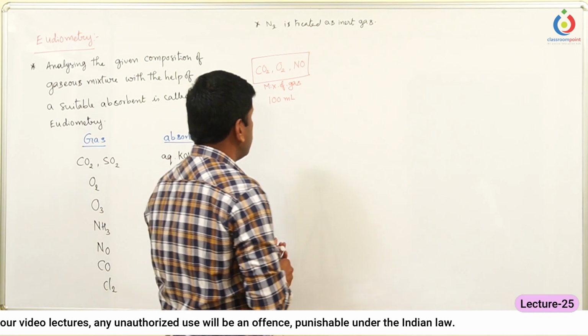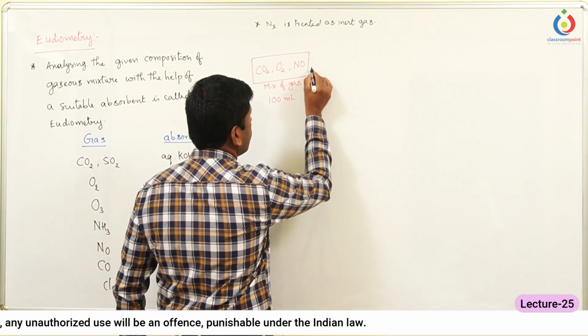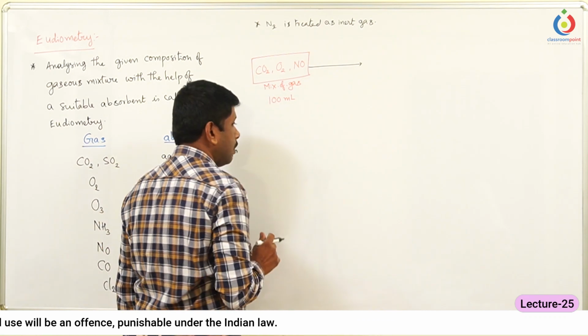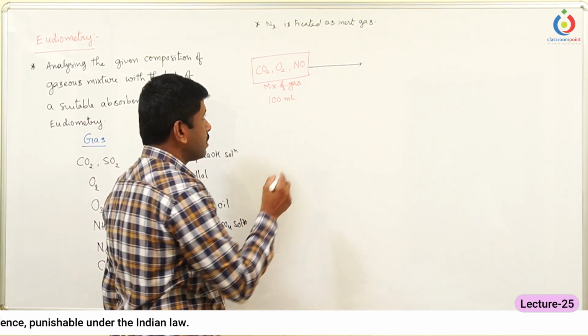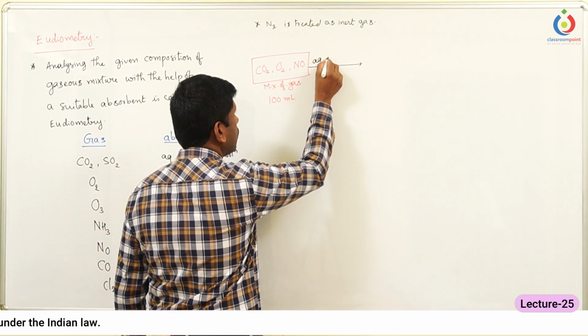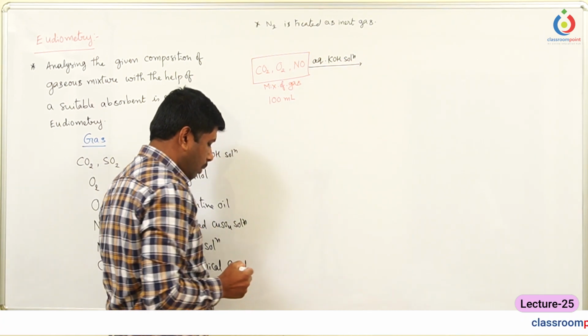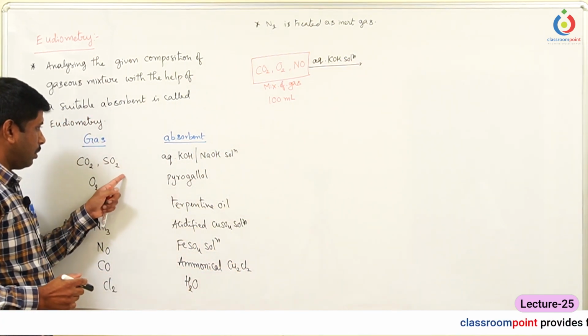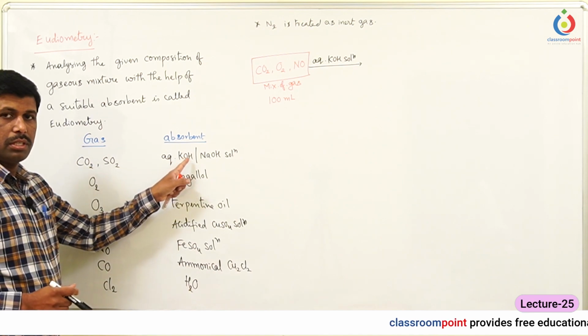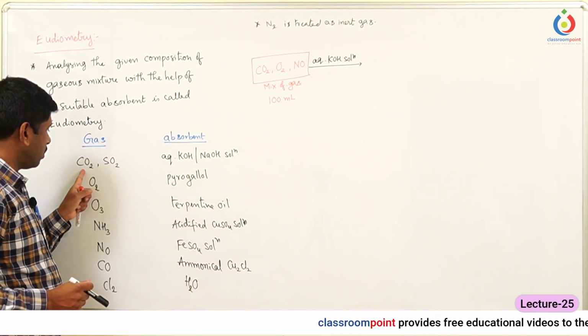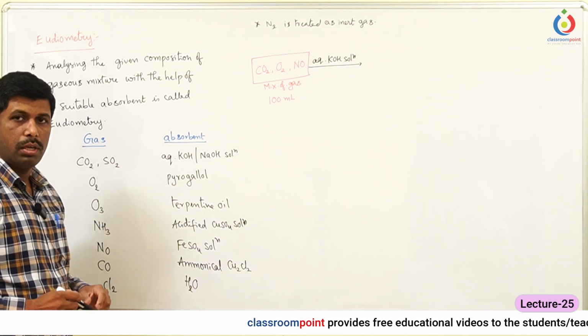Now try to send this gaseous mixture through the aqueous KOH solution. So what is the nature of this aqueous KOH solution? Aqueous KOH or NaOH solutions can absorb either CO2 or SO2.